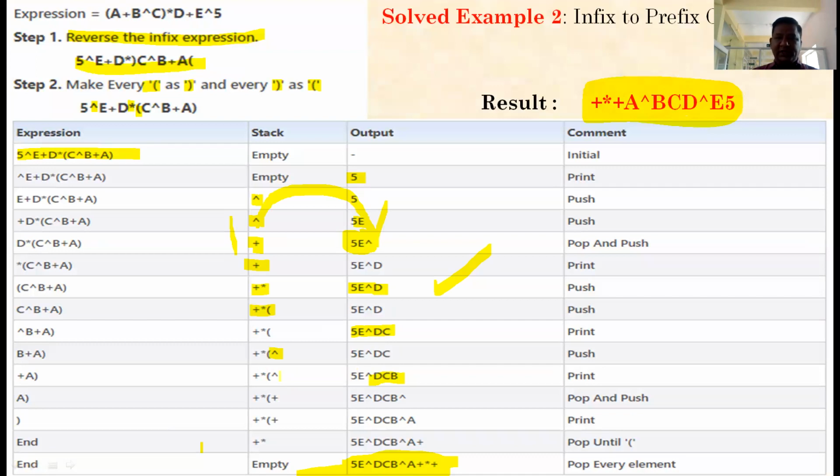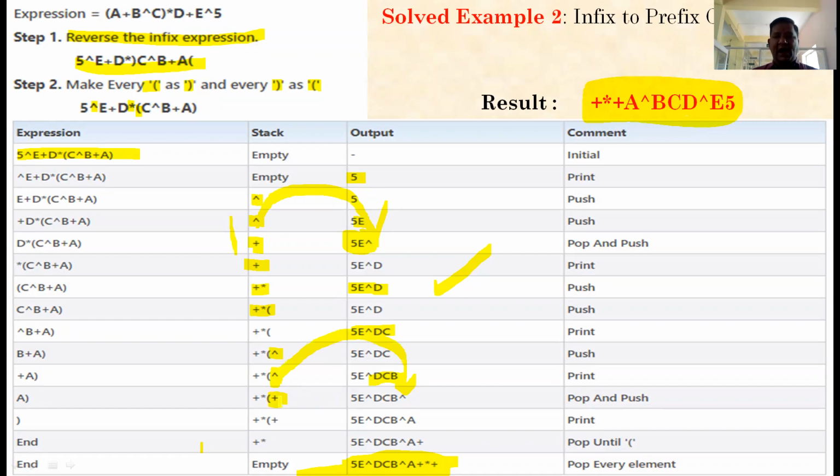Before adding plus on top of the stack, you have to check that the exponential operator is already present, which has higher priority than the plus sign. So we cannot add plus on top of exponential. We will pop exponential from the top of the stack, add it to the postfix expression, and then the incoming operator plus can be added on the top of the stack.